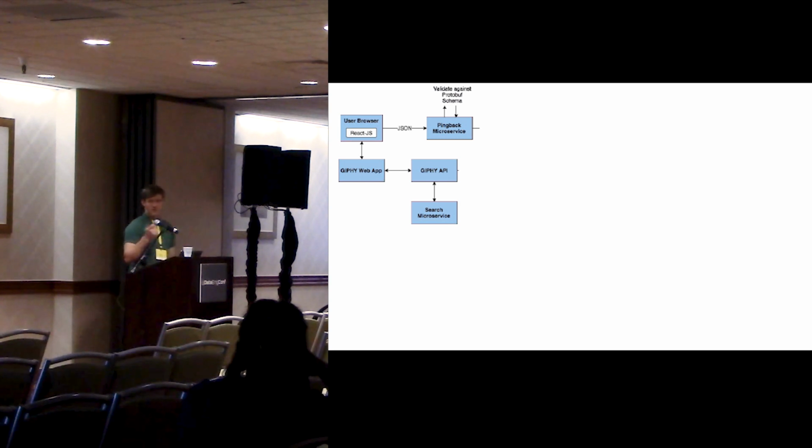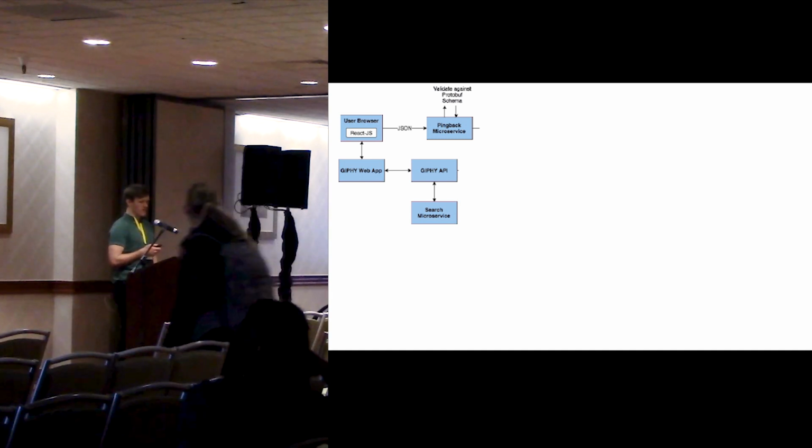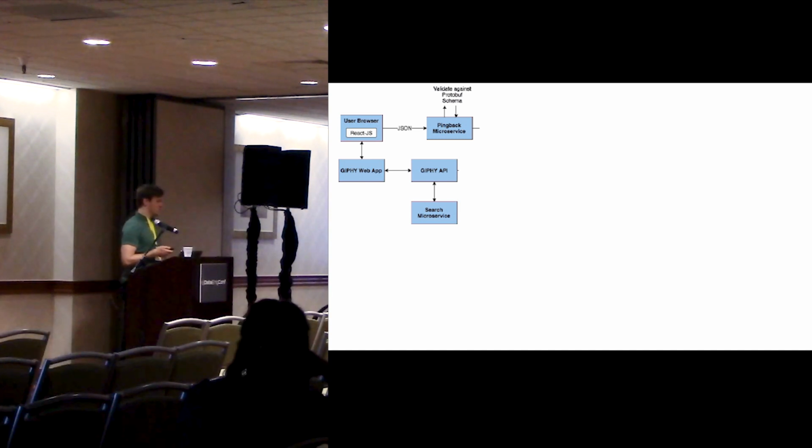And we also have this other thing on the top right, we call it the pingback microservice, which is a service specifically for collecting behavioral events, which we use to measure impressions and clicks and all the signals that feed into measuring performance and A/B testing. And that service validates the quality of events that come in against the protobuf schema. So everything has to fit a certain standard.